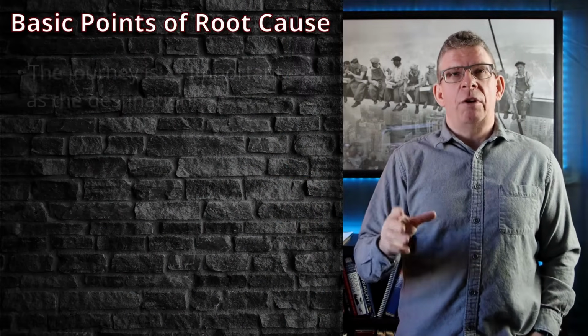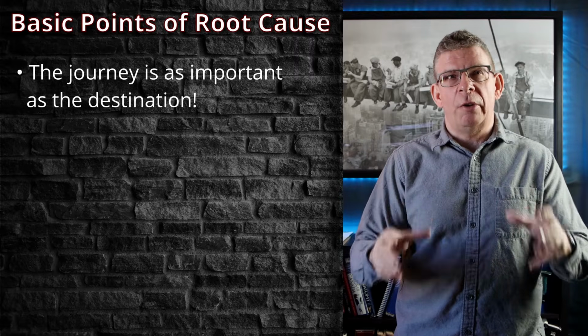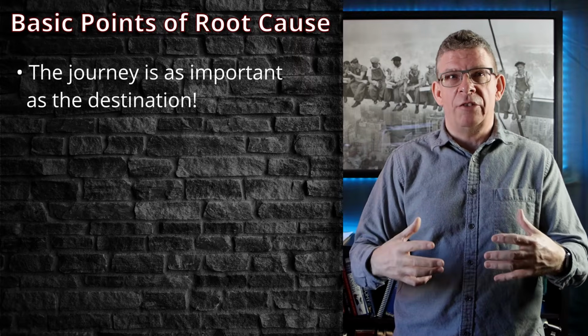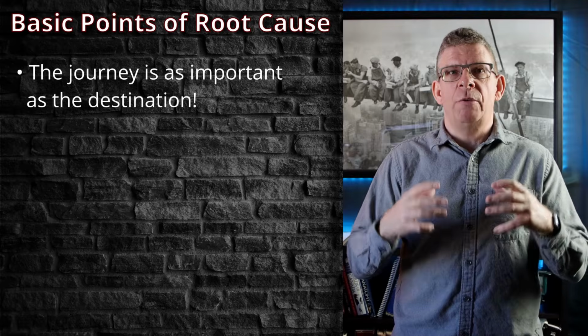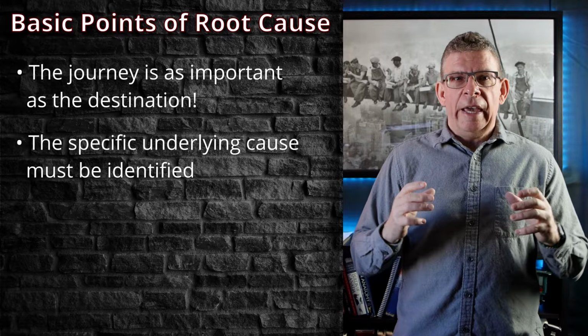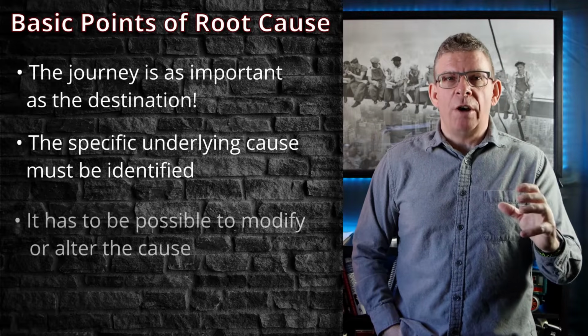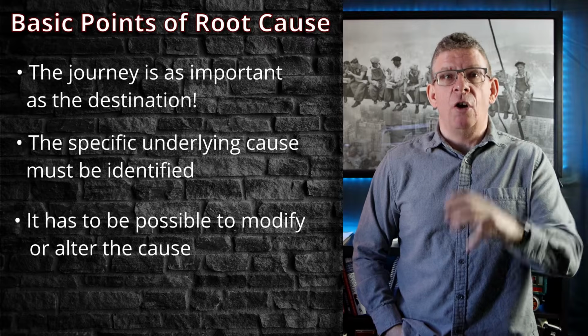Some additional points to consider when you're pursuing root cause. The steps are as important as the destination. So the route, the journey to get to the root cause is as important as arriving at the destination. When you find the root cause, you have to make sure that it reveals a specific underlying cause. It has to be reasonably identified. You have to have the ability to modify the root cause and alter the cause.